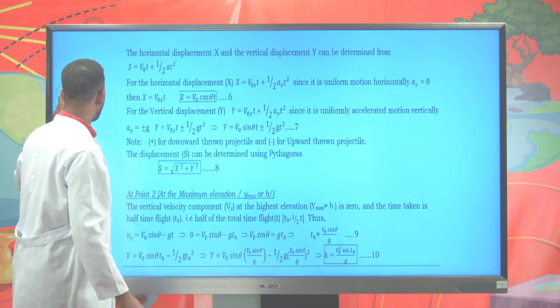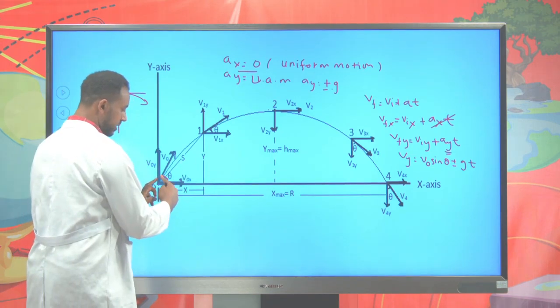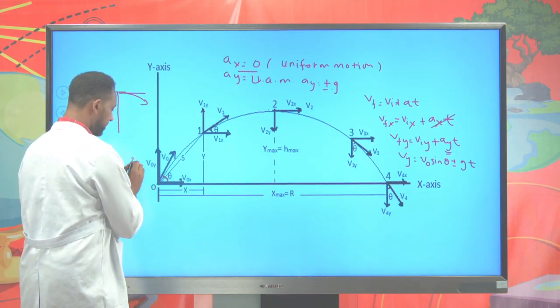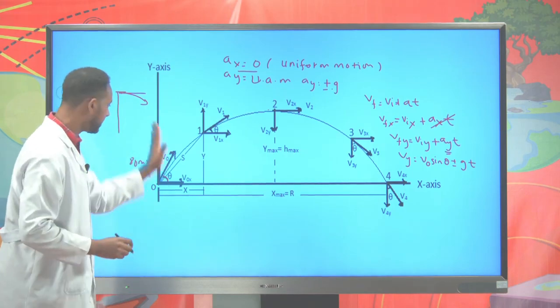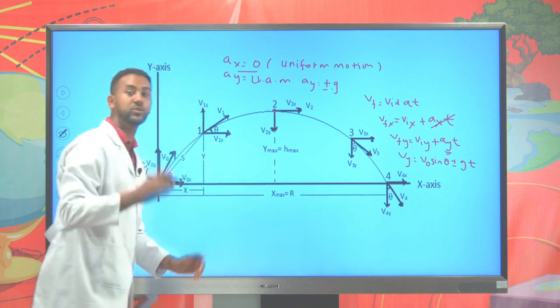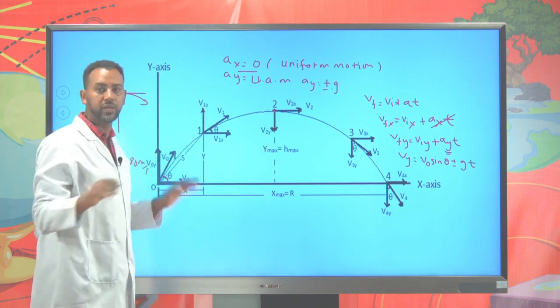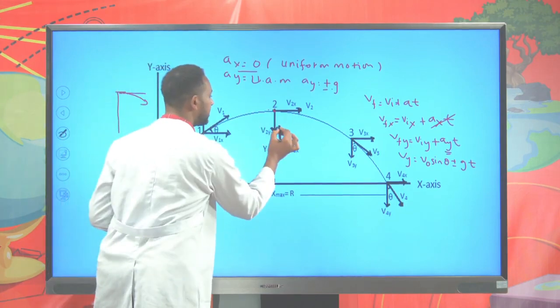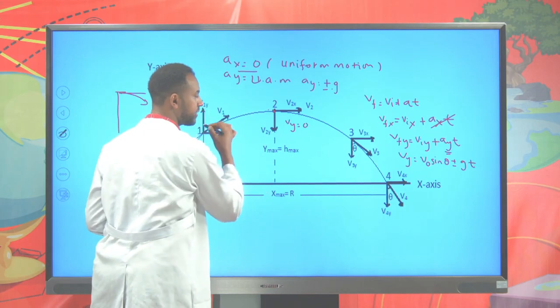At last, it reaches the maximum height. You launched it at 80 meters per second in our example, then 80, 70, and so on. As it reaches the maximum height, the vertical component becomes 0. At this point, the vertical component becomes 0 at maximum elevation.